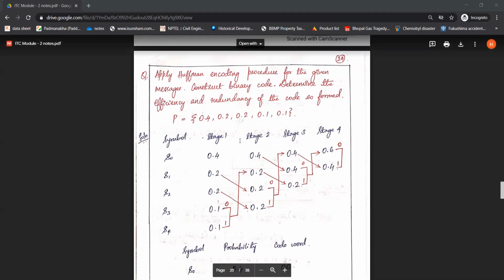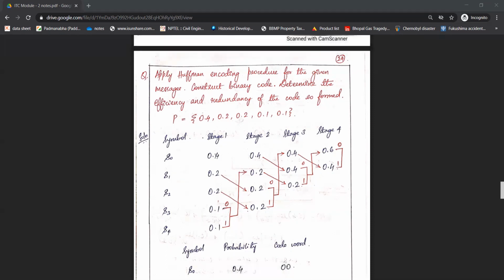In stage 2, we already have 0.4 from stage 1, so there is no operation performed on that. We'll write 0.4 as it is. Next, the newly obtained value of 0.2 is written first, given the position number 1.